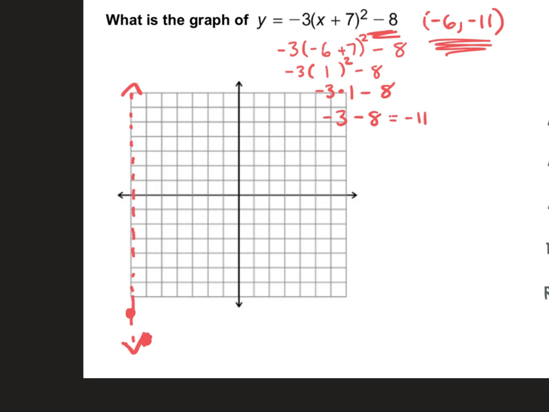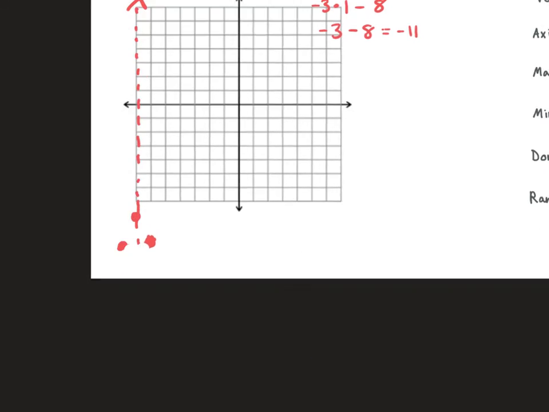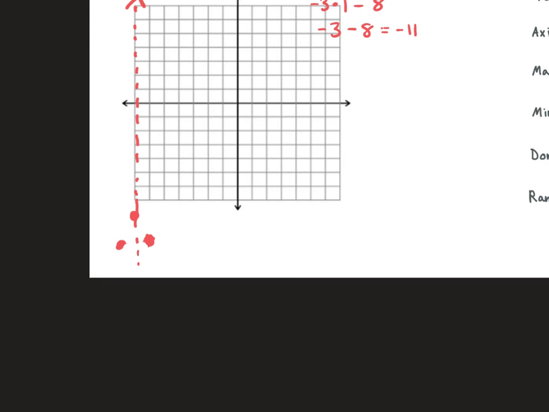We have one on the right, so we need one on the left. But it's the same thing on the left side, so it's going to be right there. Once we have our 3 points, we can draw our parabola. So I'm just going to connect our dots with our parabola.